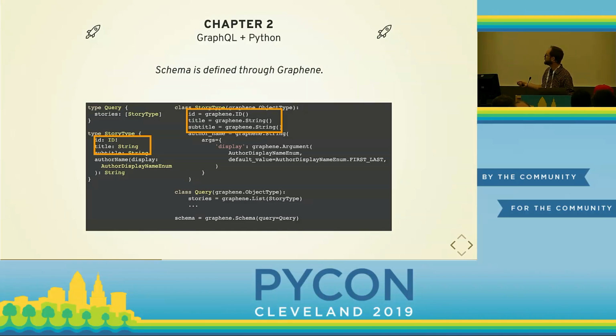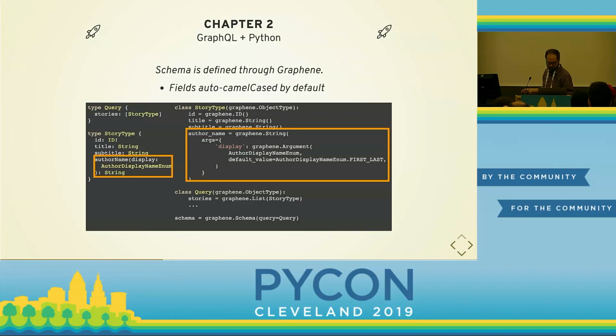We have our fields: ID, title, and subtitle. We have an author name, which is camel cased automatically with Graphene, so we don't have to worry about maintaining consistency between Python's standards and the web standards of camel casing. We also define some arguments. So this is our display argument, which takes the enum with the default value.